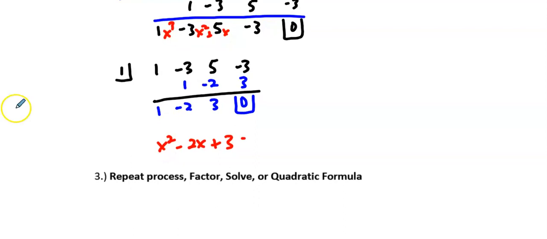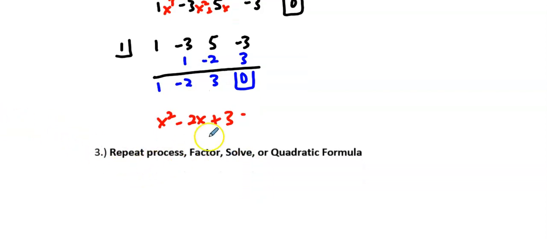So to find the other two zeros, it cannot be factored. So we're going to have to use the quadratic formula, where A is going to be 1, B is going to be -2, and C is going to be 3.